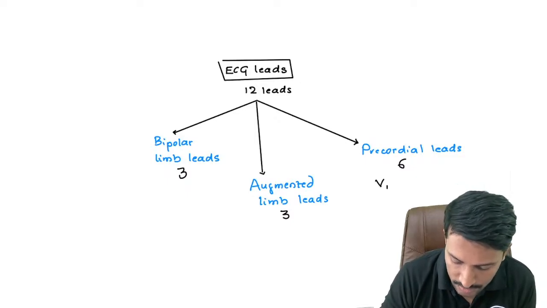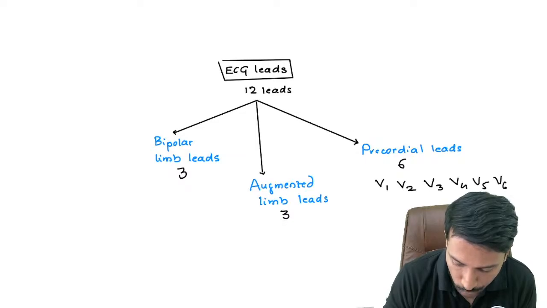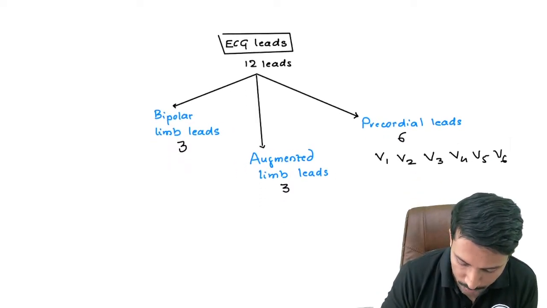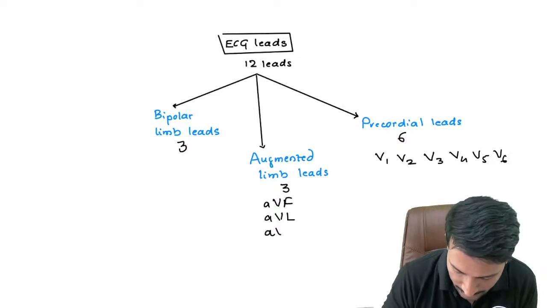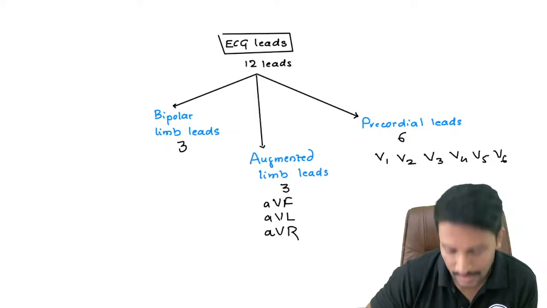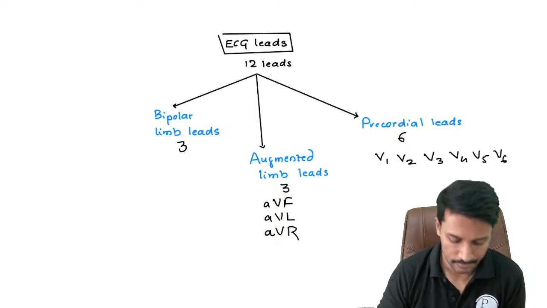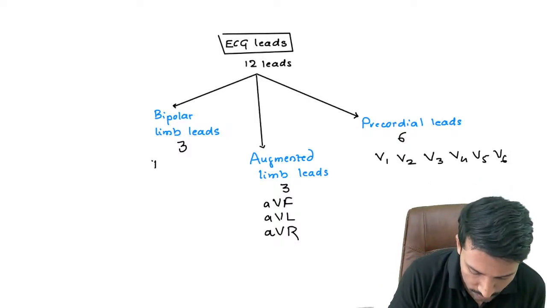The 6 precordial leads, we will name them as V1, V2, V3, V4, V5, and V6. Then augmented limb leads, we will name them as AVF, AVL, and AVR. A refers to augmented. And then bipolar limb leads, we will label them as 1, 2, and 3.